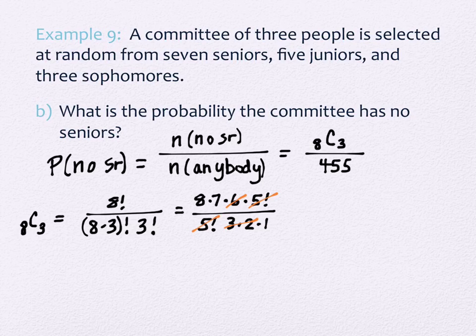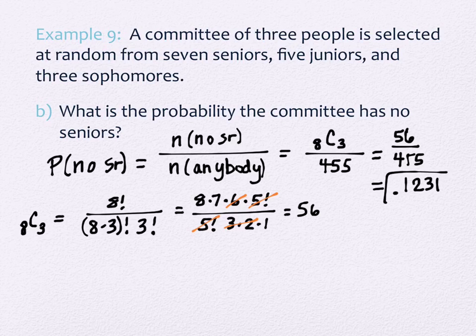So I have 8 times 7, which is 56. So over here I have 56 over 455. And in decimal form, what was it, Leah? 0.1231. So it's slightly more likely, about a 12% chance that I have a committee that has no seniors on it.